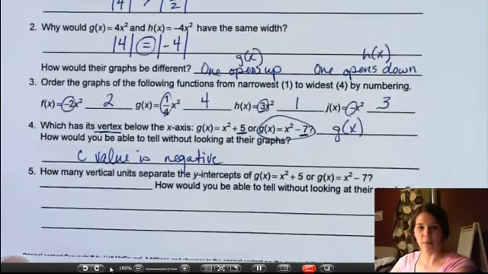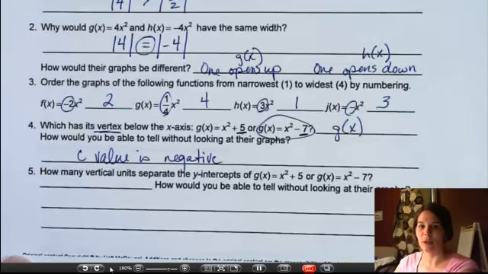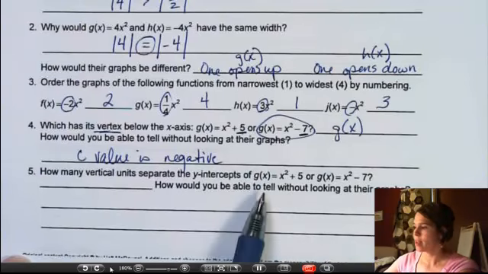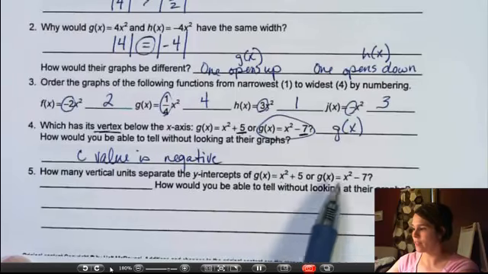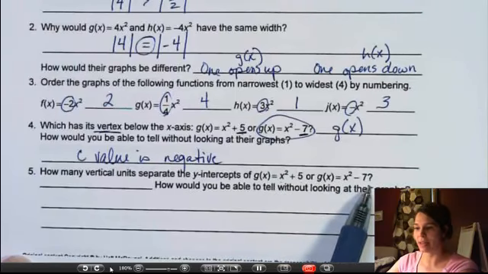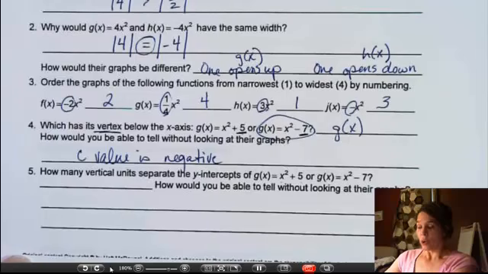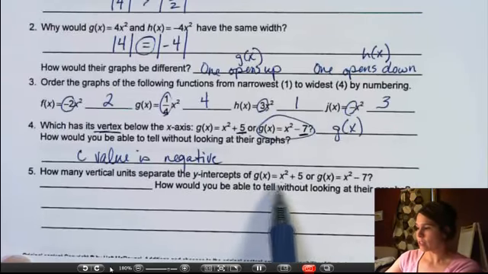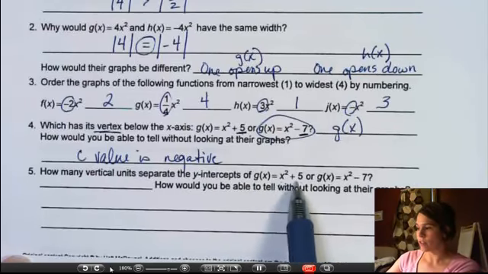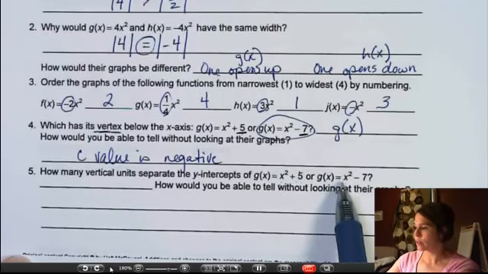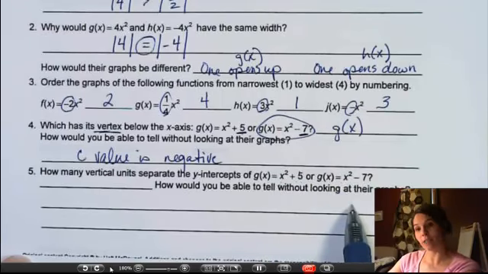And the last problem, how many vertical units separate the y-intercepts of g of x equals x squared plus 5 and g of x equals x squared minus 7? Okay, so we've taken this parent function of g of x equals x squared and we've shifted it up 5, and here's my g of x and I've shifted it down 7.